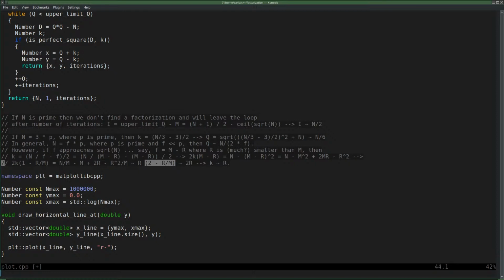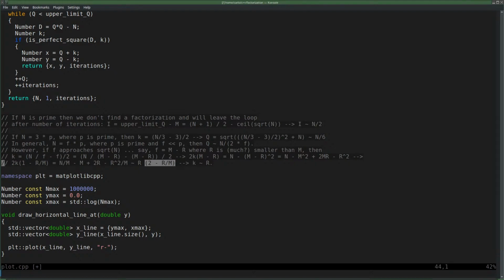I think this step is not contributing anything. Yeah.